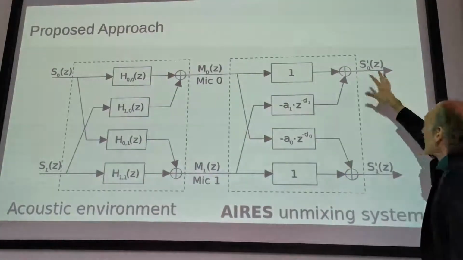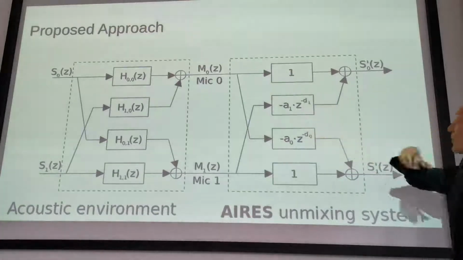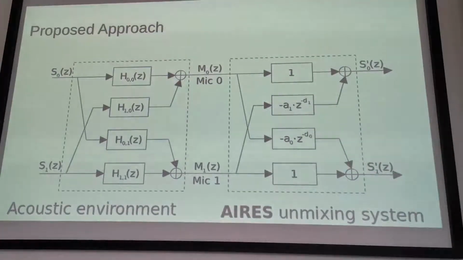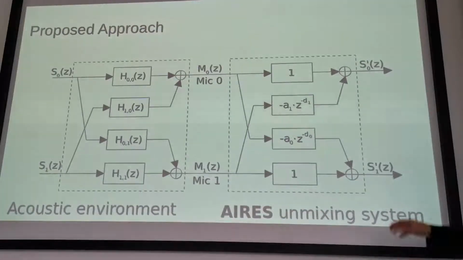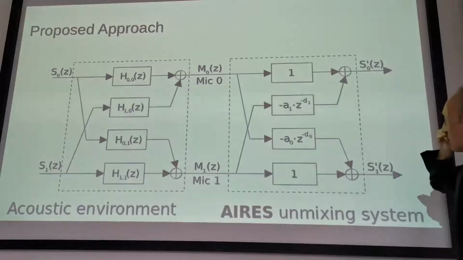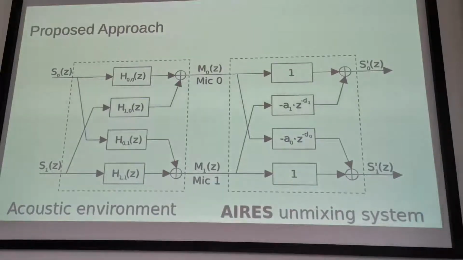Yeah, so we need to find those coefficients, and in order to find those coefficients, we need to find out when these reconstructed sources are reconstructed. Right? So we need to have an optimization criterion. And this optimization criterion here could be, for instance, the mutual information. Is everybody familiar with mutual information, an information theoretic term?